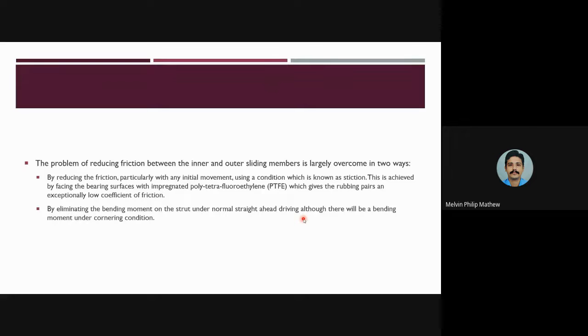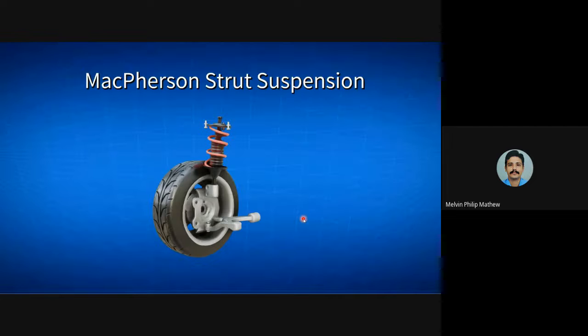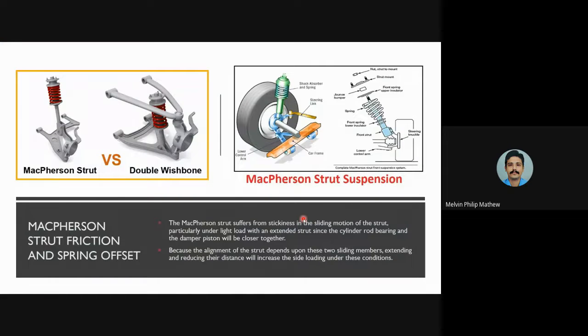Okay, so that is what is shown in the video, how it works and what its advantages and disadvantages are. So that we'll be discussing in detail. One of the advantages they told was that it is cheaper and lighter than the double control arm wishbone. You have seen the wishbone here. This is the double wishbone type suspension, and the MacPherson here is lighter.